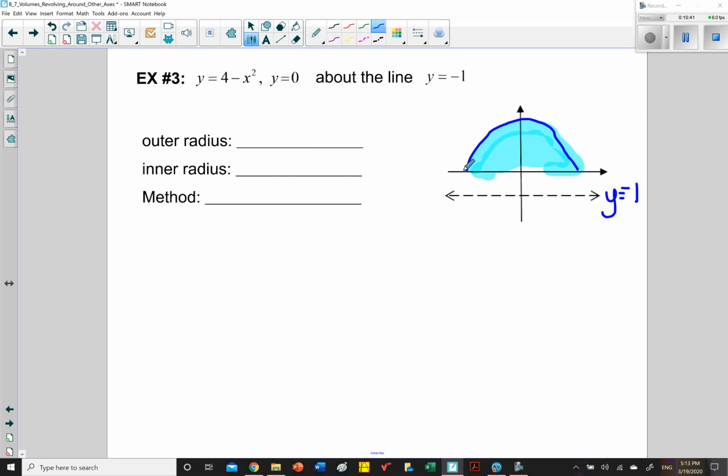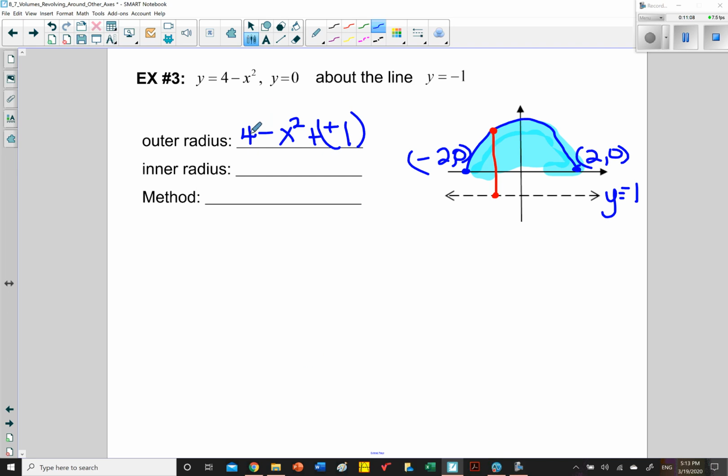So let's see, this would be at -2, 0, and this would be at +2, 0. Our outer radius goes from here down to the line. That way you can see what's happening. 4 minus x squared minus -1. That's how we come up with the plus.